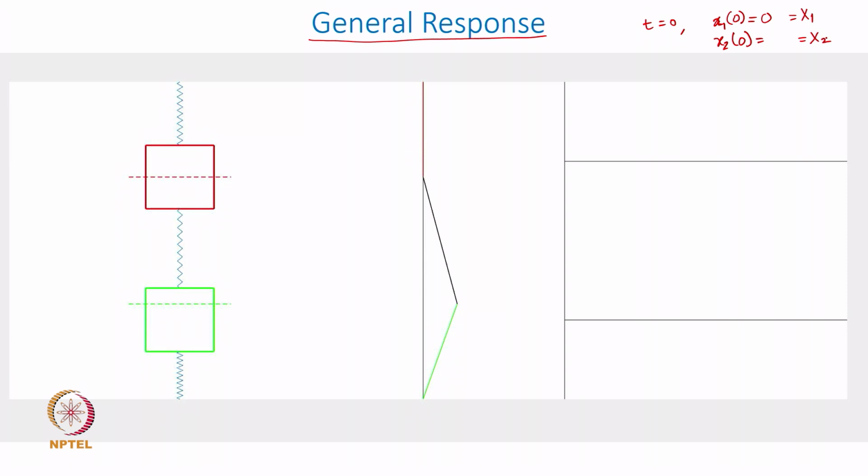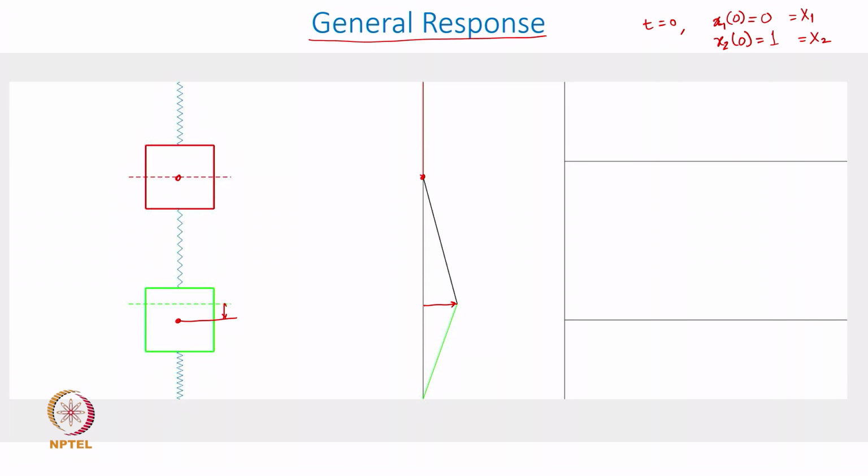What I do is I give 1 unit displacement to the second mass, but 0 unit to the first mass, that means I do not move the first mass, I keep it stationary, but disturb the second mass, moving it downwards by 1 unit. So, you can see that the second mass has moved downward by 1 unit, whereas the first mass remained here, and that is what you are seeing here, 0 motion for the first mass and some positive 1 unit motion for the second mass.